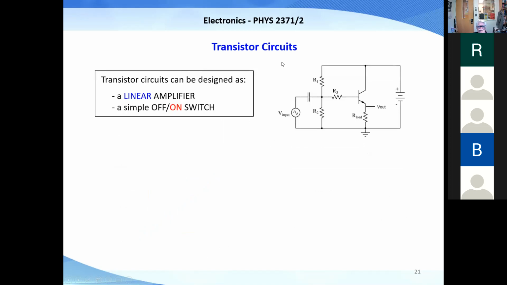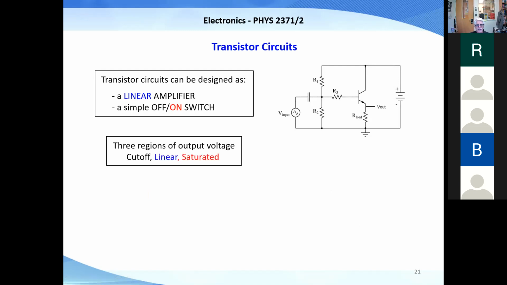Okay. So you'll be looking at a linear amplifier circuit and a simple on-off switch. And the on-off switch is what's used in all of your iPhone electronics, all your billions of transistors.